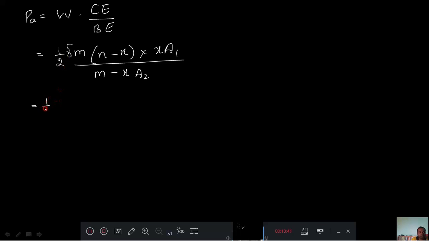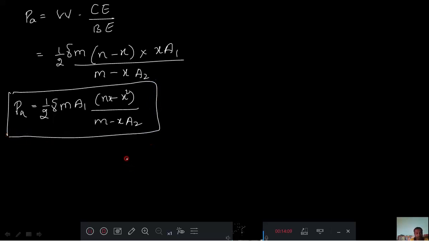Then I will write it like half into gamma into M. That A1 I will bring this side, and the bracket left here is (N minus X) divided by (M minus XA2). This I got. Right? I think there is one more X. This X is there, no? That X I will multiply, so X and X square. This is my PA.